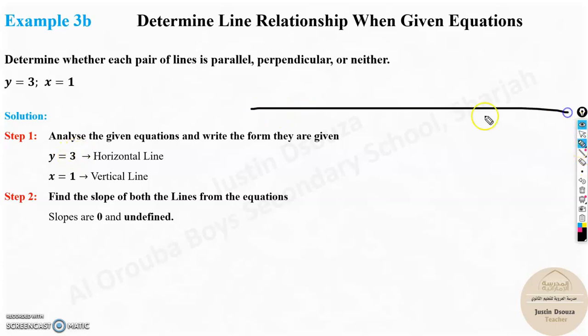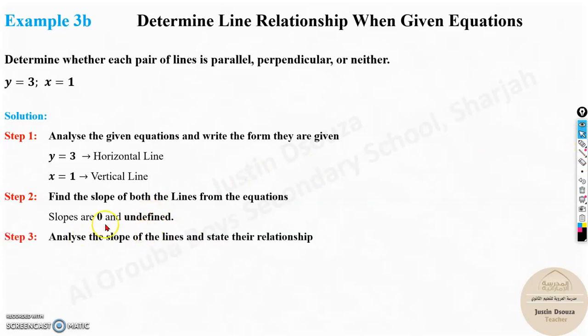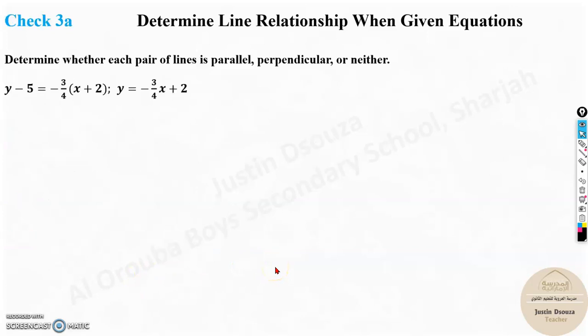Whenever there is a horizontal line, the slope is 0. And whenever it is a vertical line, the slope is undefined. It's basically undefined or infinity. So these are the slopes, but you do not need the slopes when it's vertical and horizontal. Why? Because whenever we have a vertical and a horizontal line, they are always perpendicular. So that is the answer.